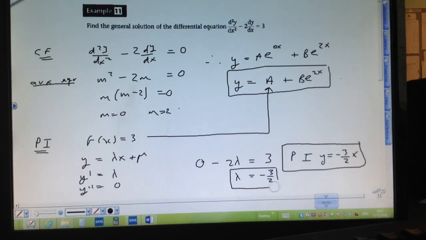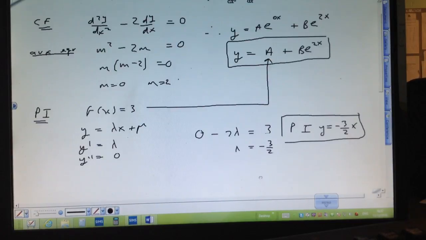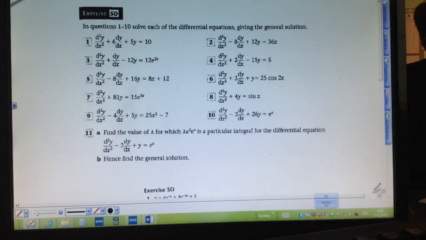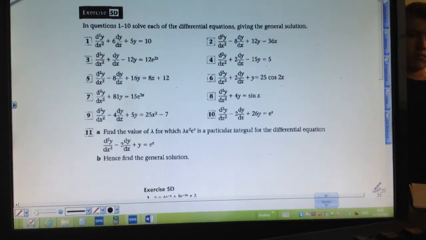Add them together, and you end up with the general solution y is equal to a plus b e to the 2x minus 3 over 2 x, and that there is the general solution that we need. Right, about time. I will leave you with that.